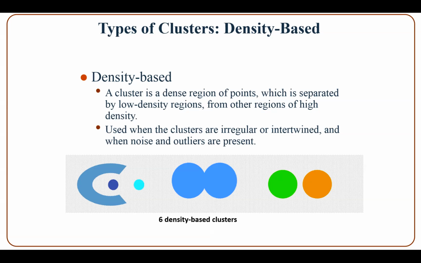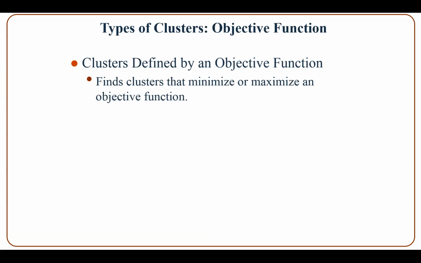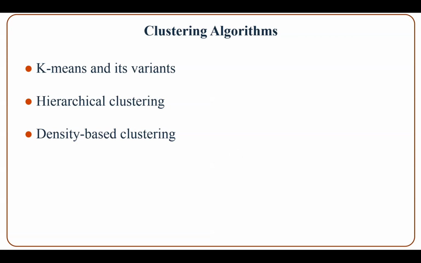A density-based cluster is a dense region of points which is separated by low-density regions from other regions of high density. The example shows 6 density-based clusters. And finally, clusters defined by an objective function are the clusters that minimize or maximize an objective function.